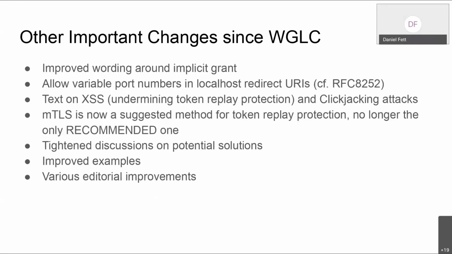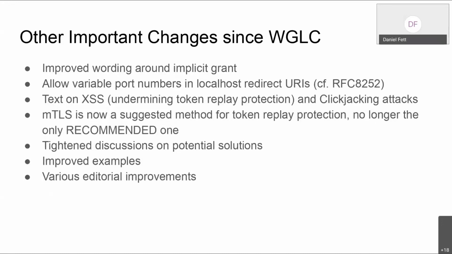We have also gotten feedback that the discussions were a bit, let's say, lengthy. So we discussed several approaches to mitigate some attacks. Some of these discussions were not very helpful because they discussed things that might not be very practical. So we tightened the text around that.